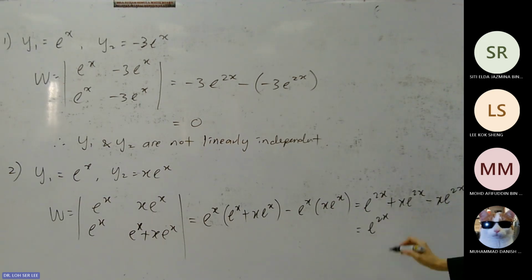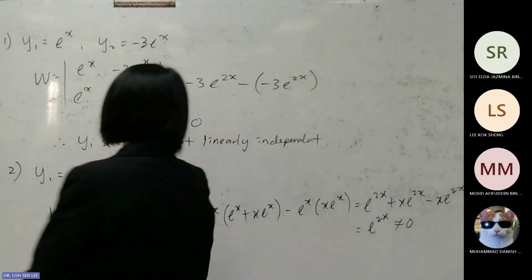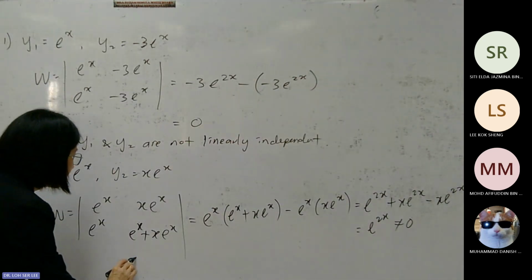So you get an e^2x which is not equal to 0. Exponential function, you can never get 0, no matter what the value of x is. So it is not 0 for all x. So the conclusion is y1 and y2 are linearly independent.